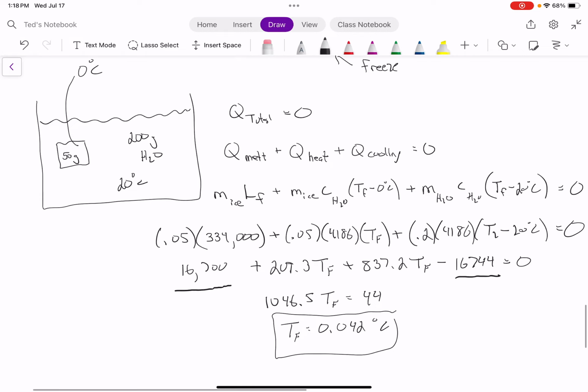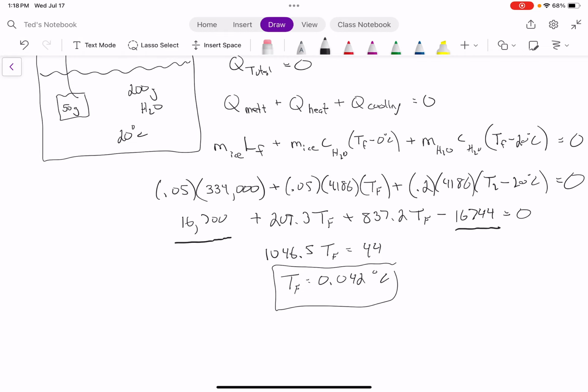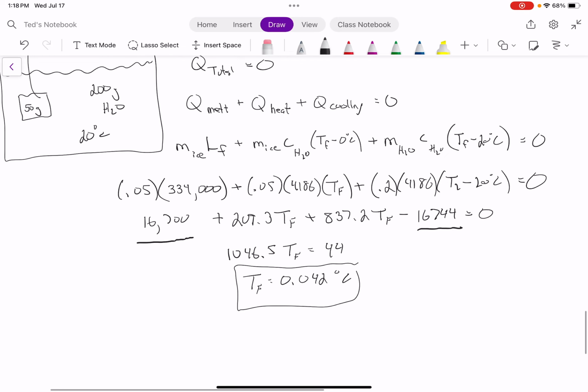Now, if we'd had even more ice, what would have happened is we would have gotten a negative temperature, which doesn't make sense because you can't have a negative temperature if you melt all the ice. And so instead, we would have to ask the question, how much ice is left once you get the water down to 0 degrees? And that would be a slightly different problem.